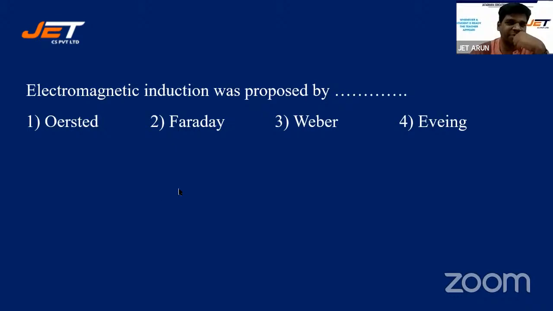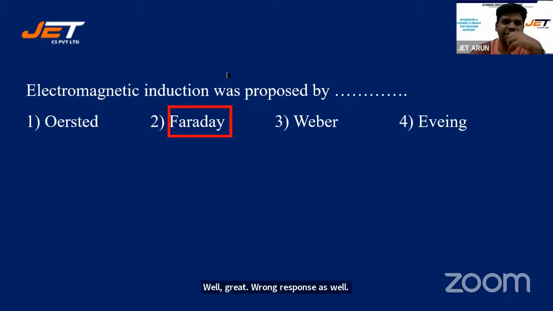All right. Wrong response as well. Students, electromagnetic induction was proposed by Faraday, not Weber. All right. One wrong response I got. Saivardhan, please correct yourself. All right. You have been answering very well till now, but you went wrong over here. Please correct yourself.